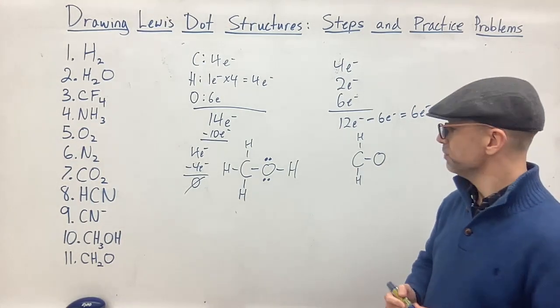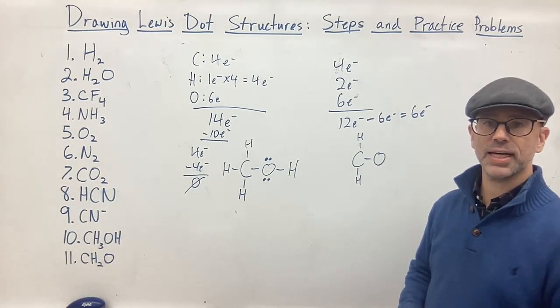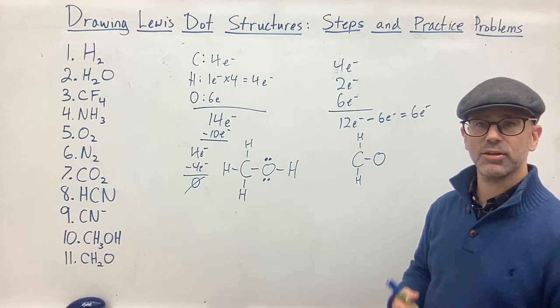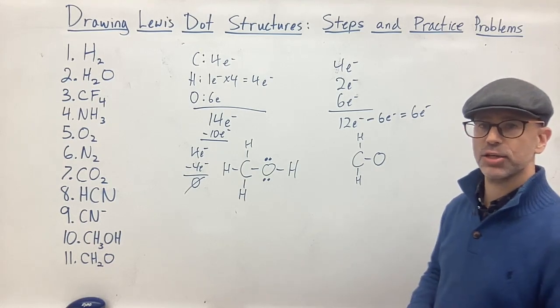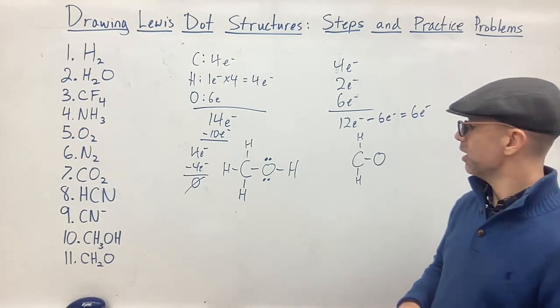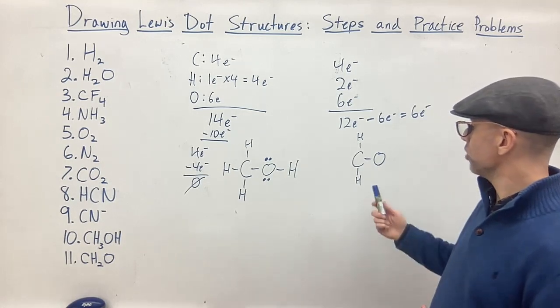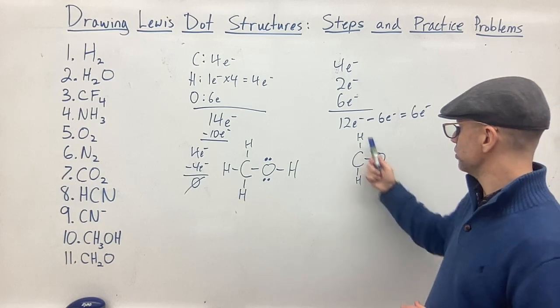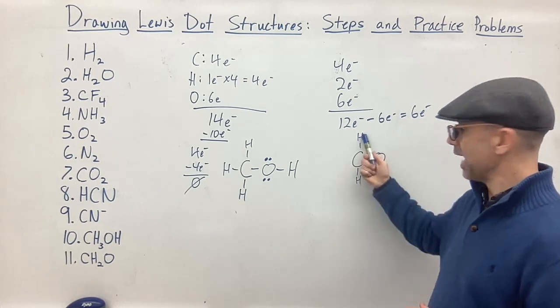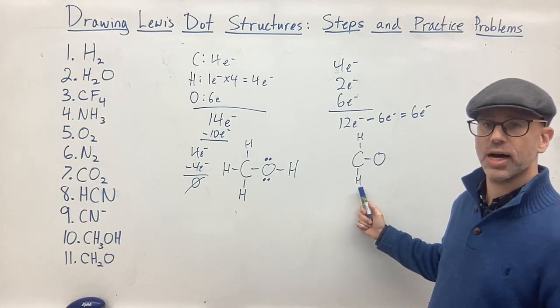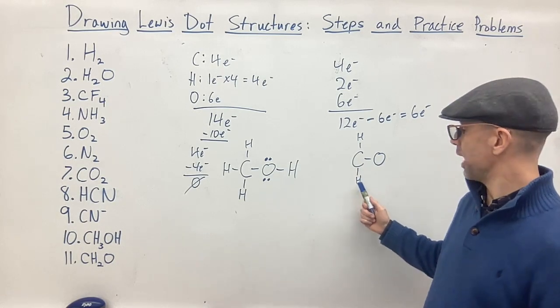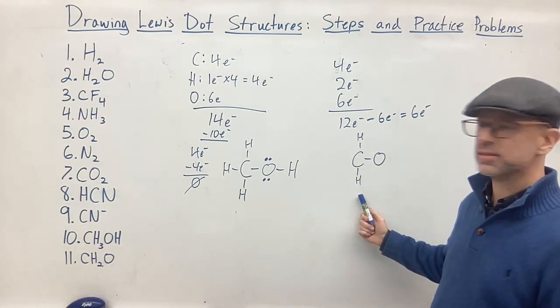So now, step three says I add lone pairs to my outer atoms to give them an octet until they are happy with an octet. So hydrogen and oxygen are my outer atoms. Hydrogen is happy with only one bond and 2 electrons, so that means that I'm not going to add lone pairs to the hydrogens.